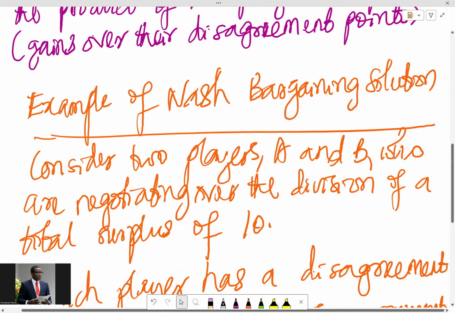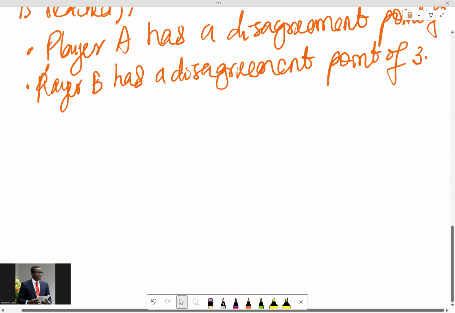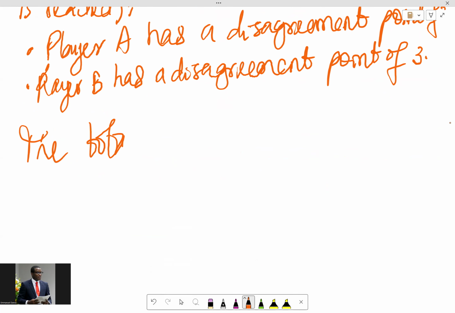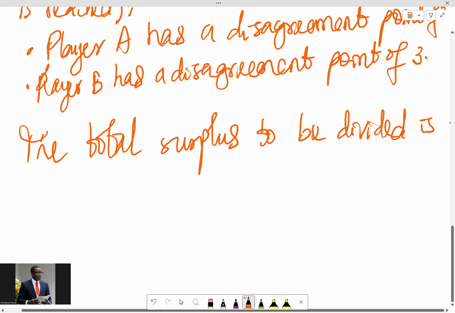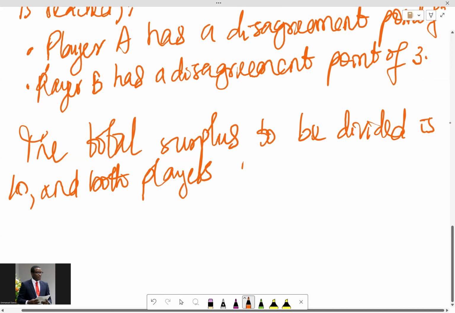So the total surplus to be divided is 10, and both players want to maximize their payoffs.